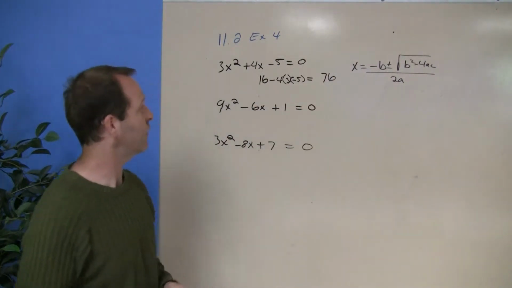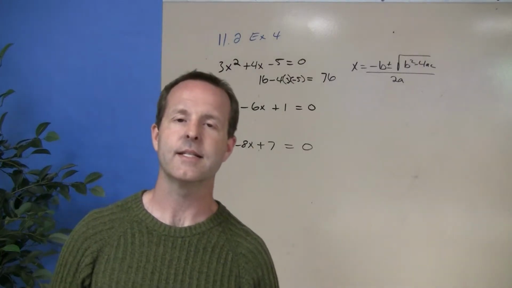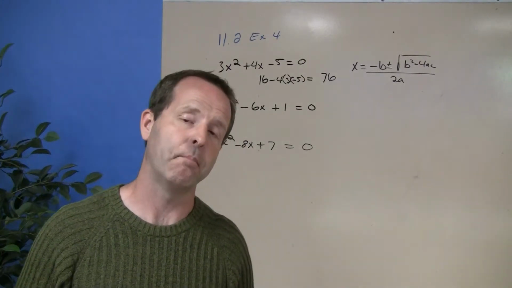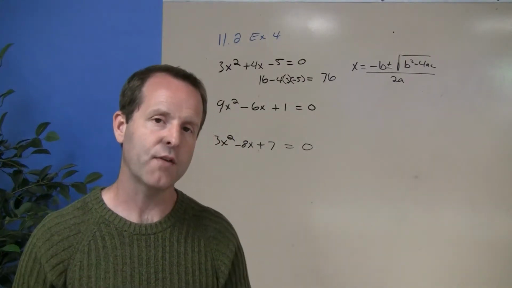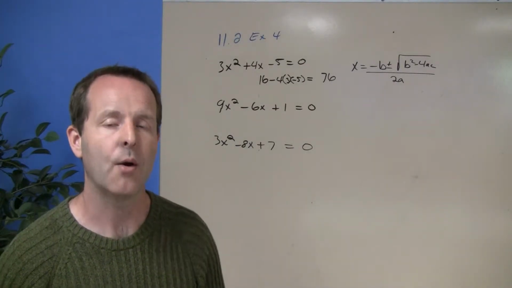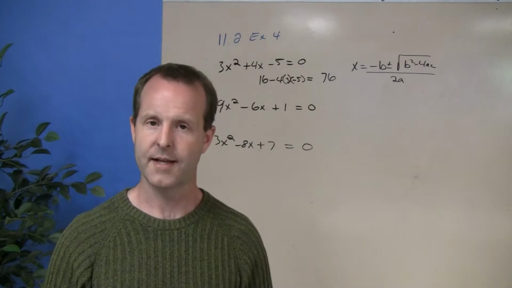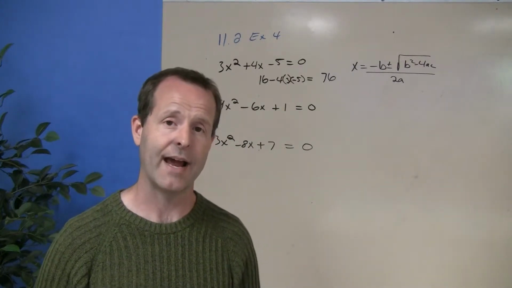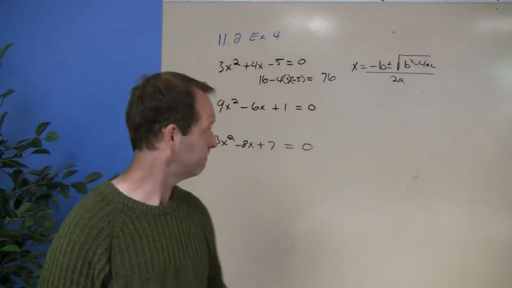So in the first example, the discriminant is 76, which means I'm going to have a positive number underneath the radical. And when I have a positive number underneath the radical, I will have 2 solutions. That's what's important, the number of solutions: I'll have 2 solutions.